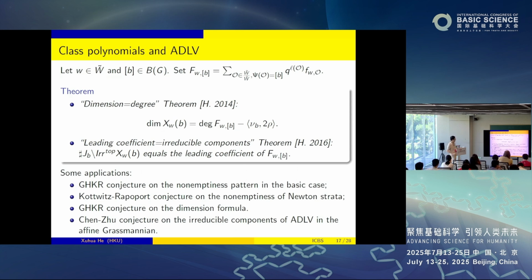J_b is the Frobenius-twisted centralizer of the element b in the loop group. By the way, for the last, the Chen-Zhu conjecture, there are actually two proofs. One is by Sian Nie, the other is by Yihang Zhu and Rong Zhou, and it was also joint with me for this conjecture.